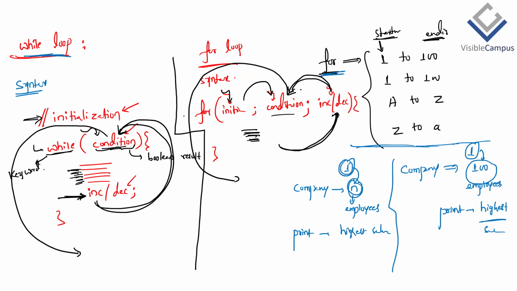What's the other condition? Then the JVM terminates the while loop. Yes. That you can write here now. In the for loop also you can write here. In the while loop also you can write here. Without initialization?